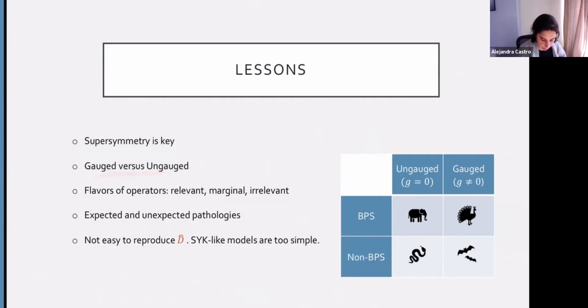It's also clear that there were very important differences in terms of the operators that this dual description will have. Of course, they're very sensitive to whether you're in a gauged or ungauged case. There are all flavors of operators. The supergravity theories that I'm looking at are not exotic.